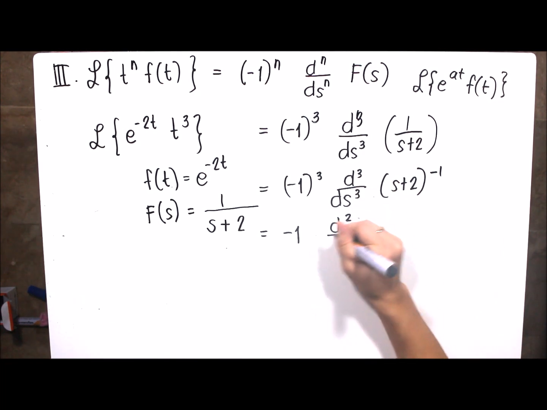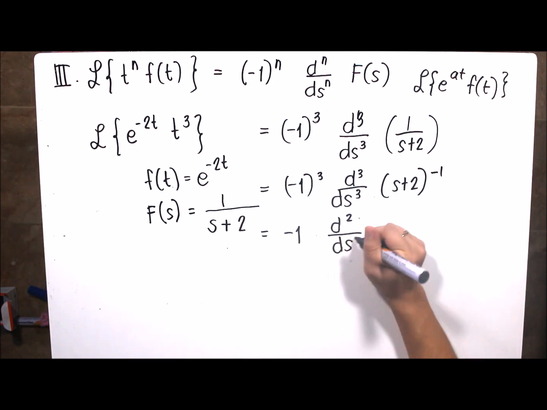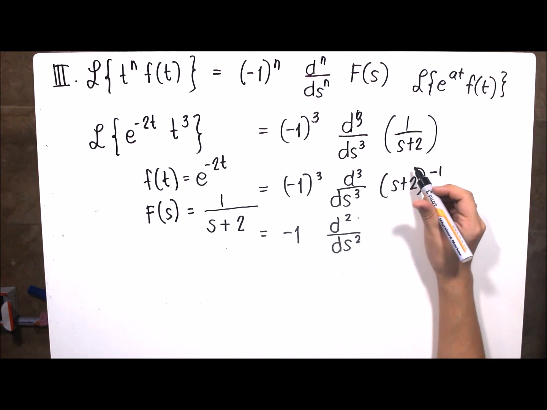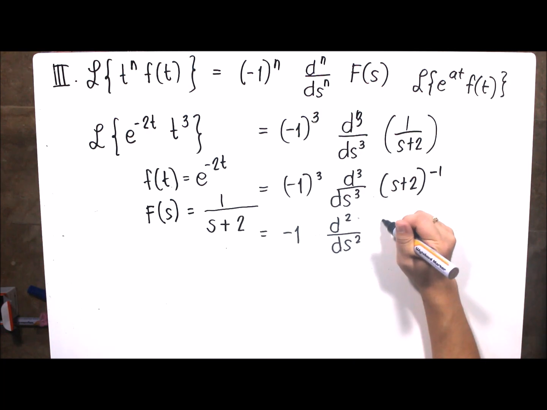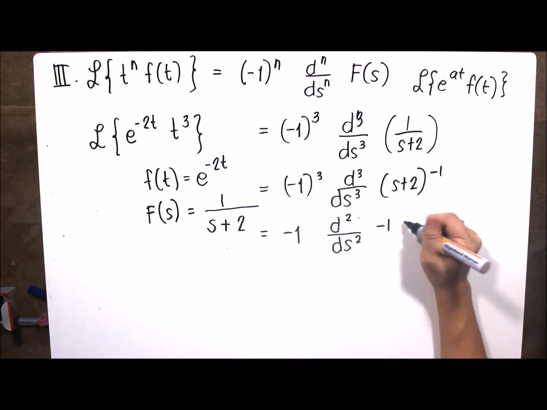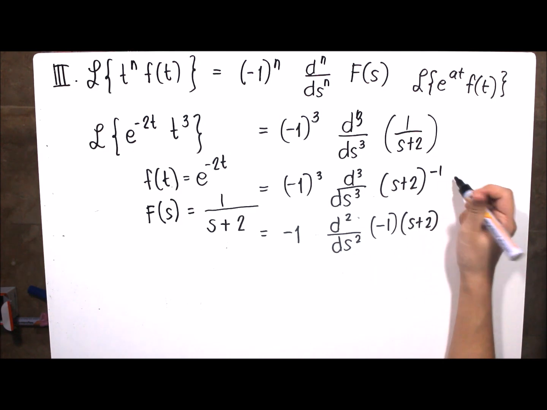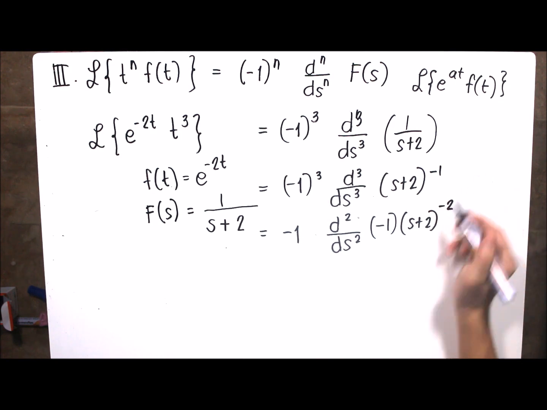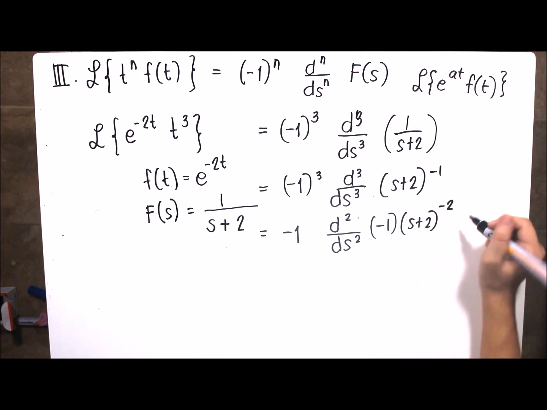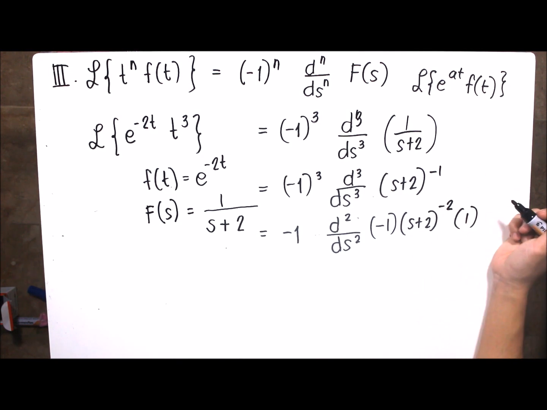We will take two derivatives later. So, upon taking the derivative of this one, that would be negative 1, copy the base, minus 1 in the exponent, so negative 2, times the derivative of the base, and that would be positive 1.